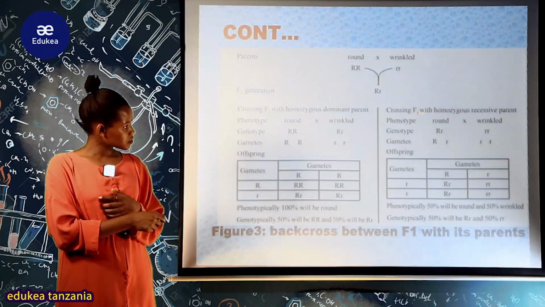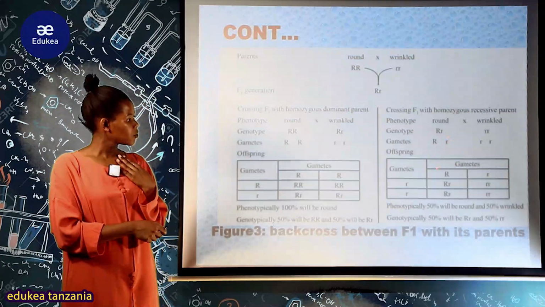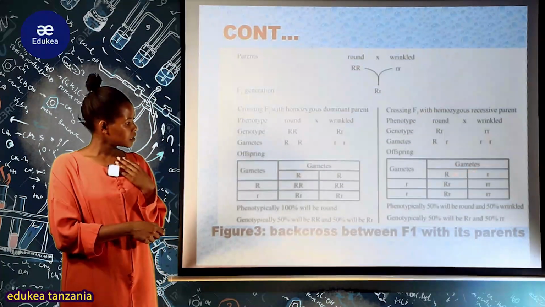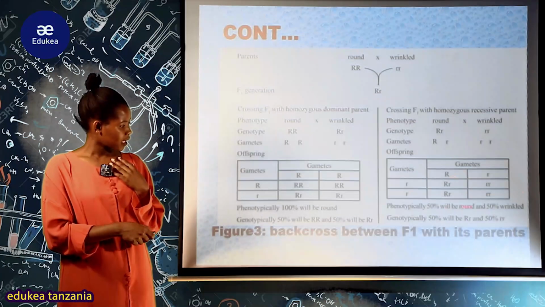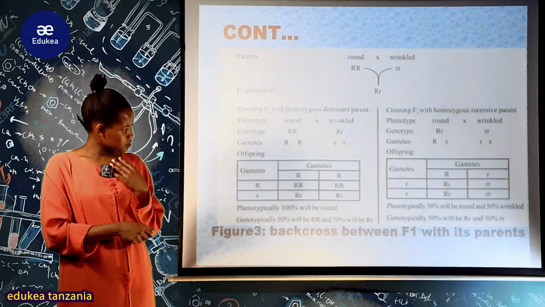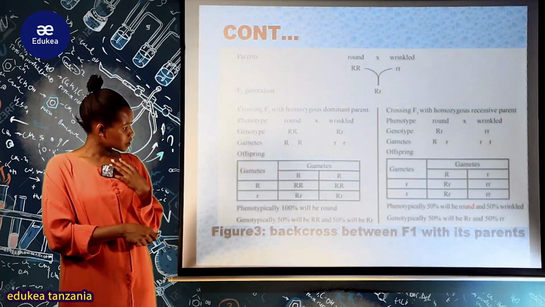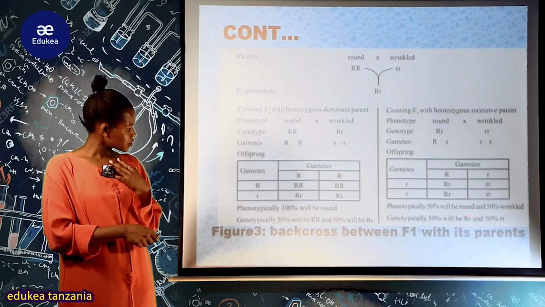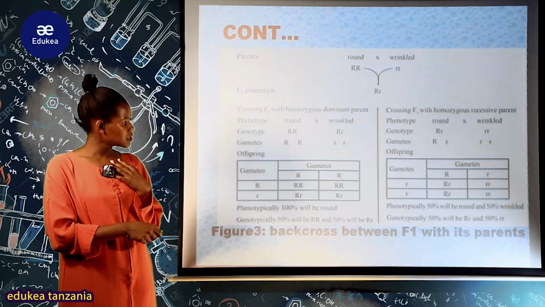Also, we can cross with recessive parents as seen here. We can see here you segregate it, then you put it on the Punnett square, and the result are this. You can see also phenotypical 50% will be round. Also wrinkled genotypical also 50% wrinkled.